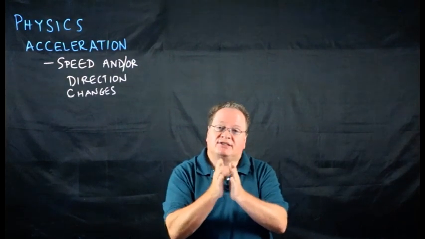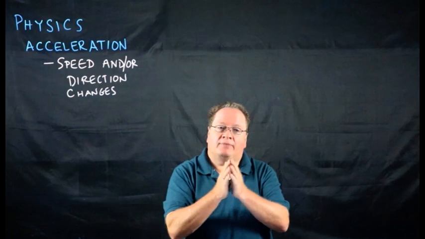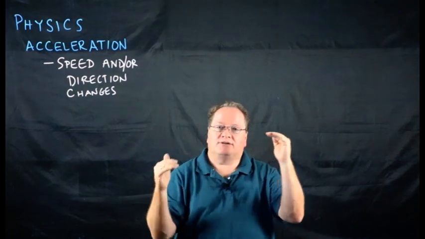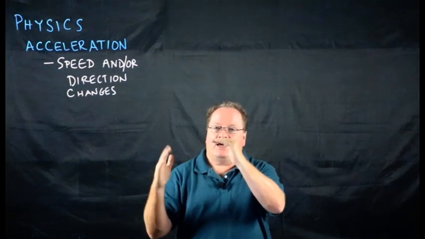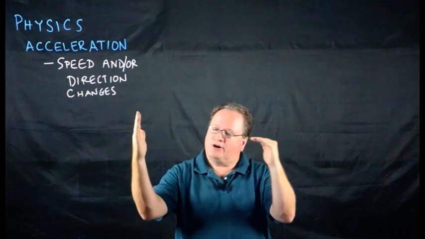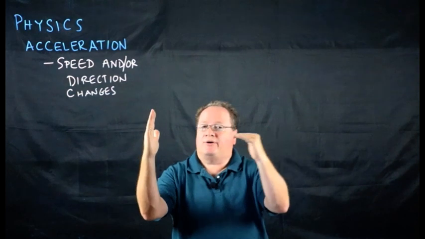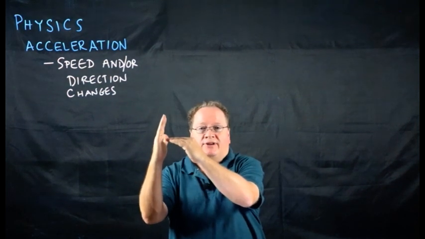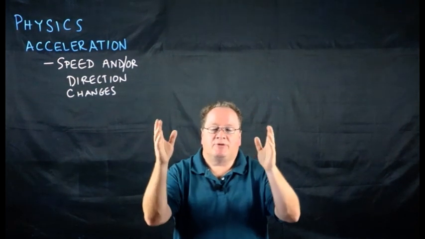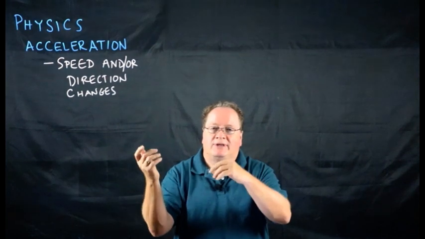I would have an acceleration if I'm driving down Austin Road outside of town and I see the stop sign coming up, and so I'd slow down. So let's say I'm going from 50 miles an hour down to 0 miles an hour. So I would have a particular acceleration in doing that.